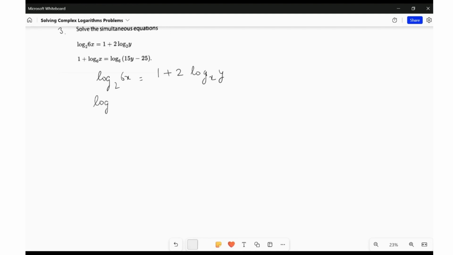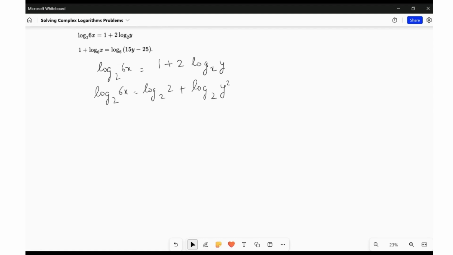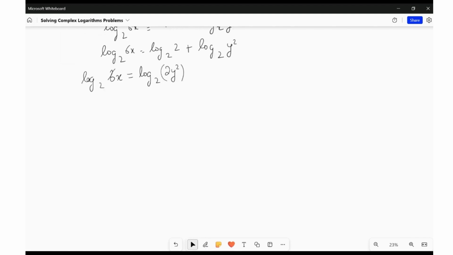Now for log 6x base 2, we can write 1 as log 2 base 2, plus log y square base 2. So log 6x base 2 is equal to log 2y square base 2. Since the bases are the same, we can equate: 6x is equal to 2y square.